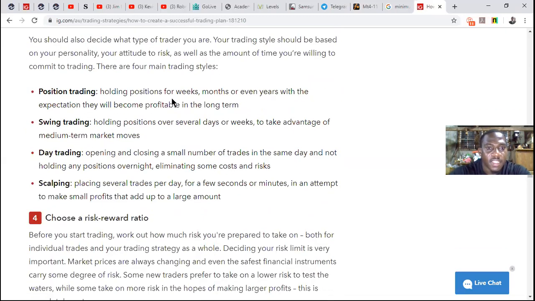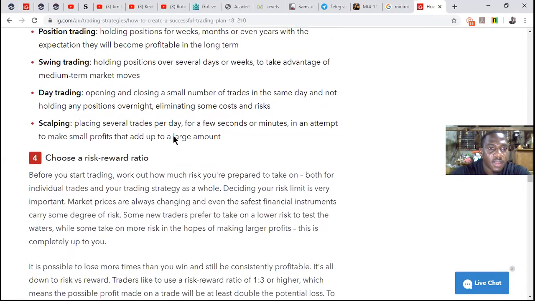There are four main trading styles: position trading, holding positions for weeks, months, or even years. This focuses on long-term profitability. Swing trading, holding positions for several days or weeks. You take advantage of midterm market moves. Day trading, opening and closing a small number of positions, trades in the same day, and not holding any positions overnight, eliminating some costs and risks.